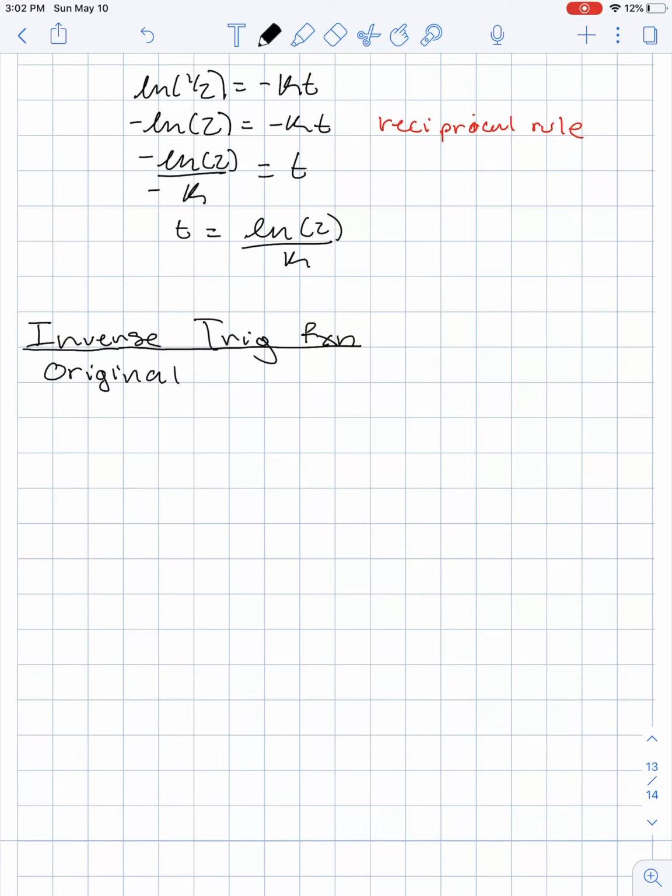So we can do, let's say, the original, and then its inverse. All right, so sine of x, its inverse is arcsine of x, or we can also write that as sine inverse of x.